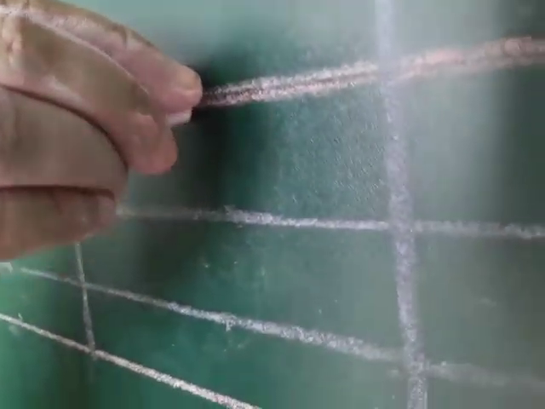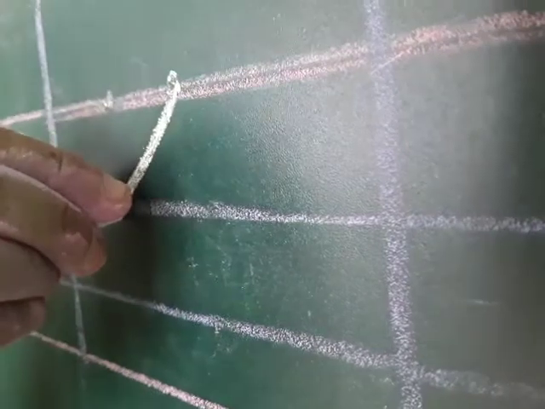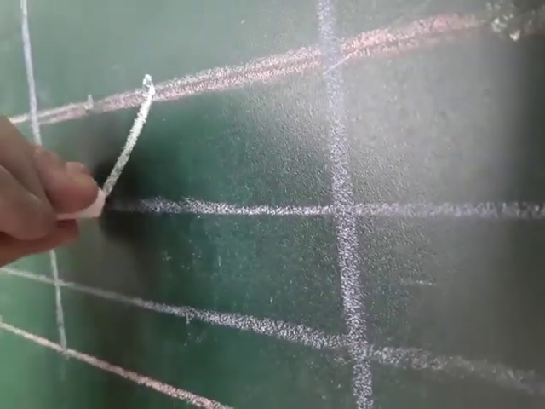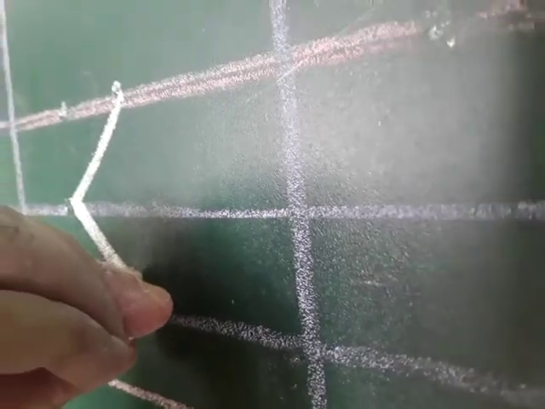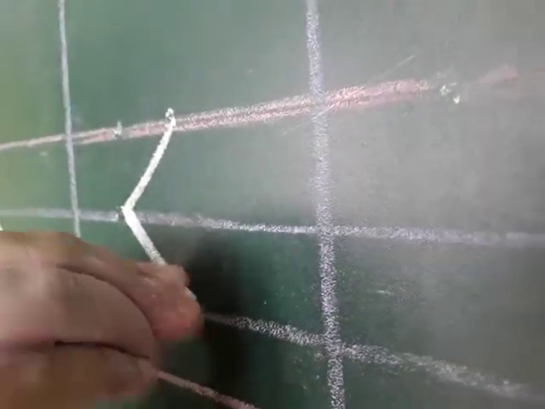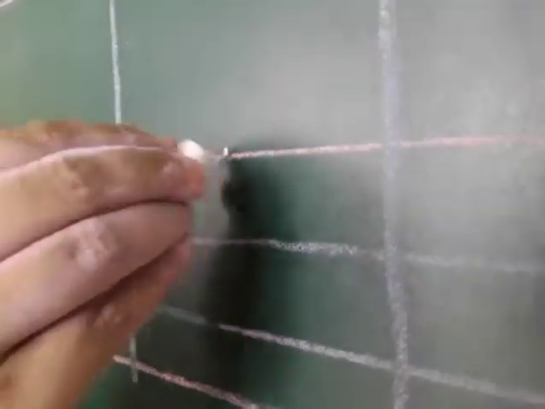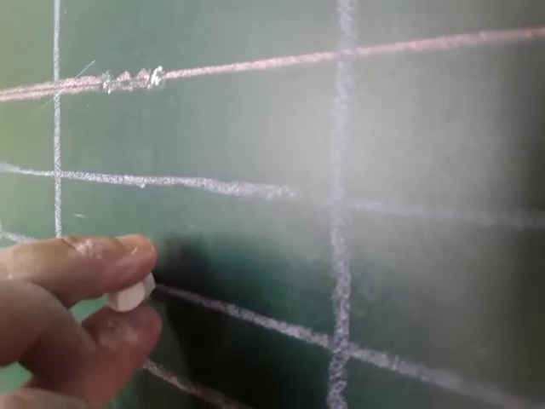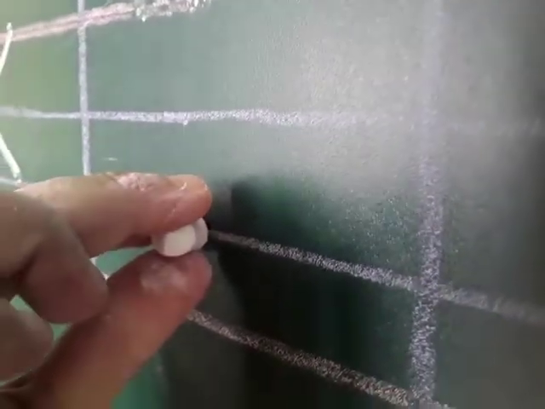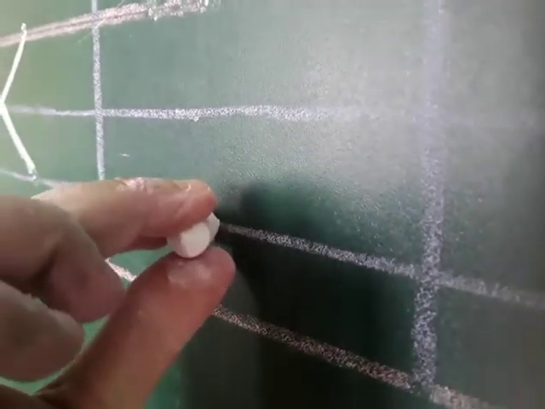Start from first dot, continue this line and touch to the third line. Why I am saying start from first dot? Because if you start from this line, you can write like this.